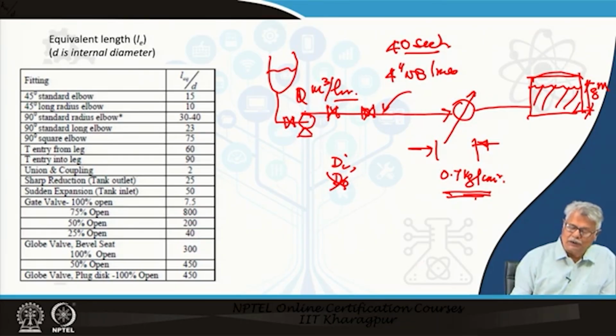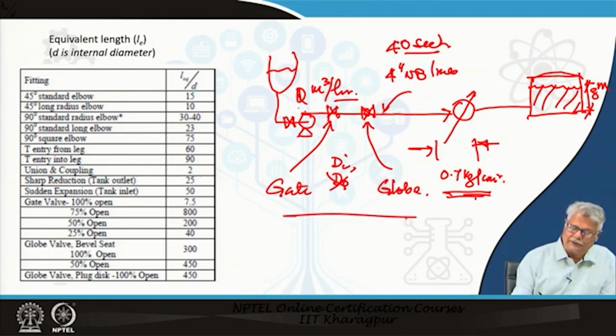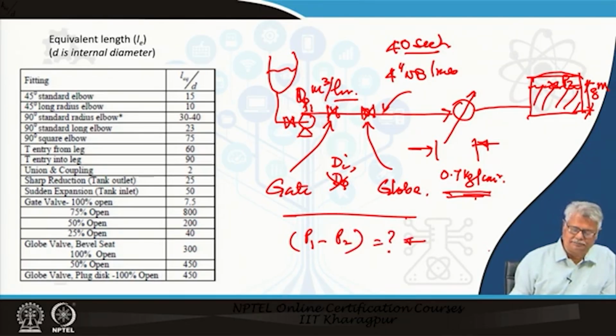So the question now comes, how do I account for the pressure drop for this valve and this valve? This one is a gate valve, this one is a globe valve, and I need to find out the delta P between point P1 and point P2, that is P1 minus P2, because I would like to find out my pumping power requirement.